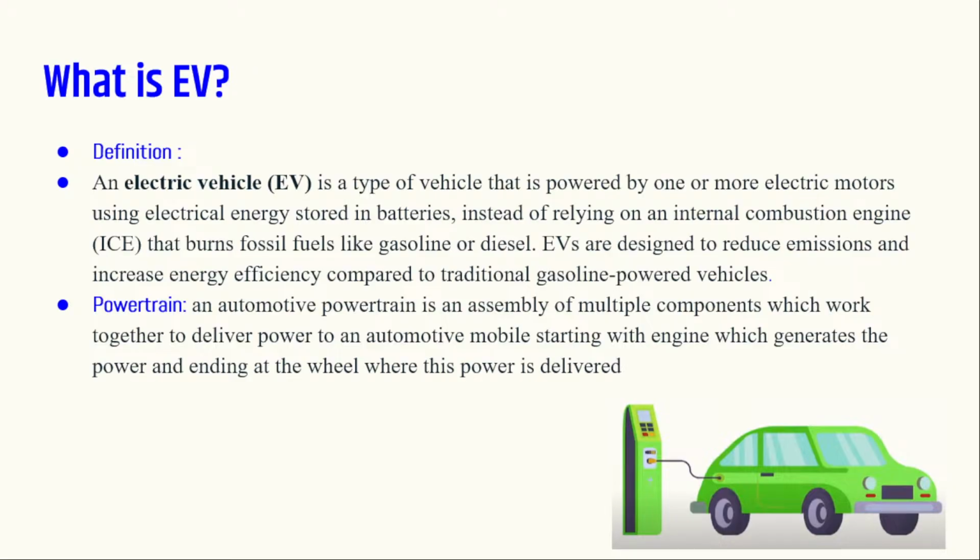That is the main word we call powertrain. It is the complete capability of the running element. So here we are going to run the powertrain by using electrical energy, right? That is called EV.